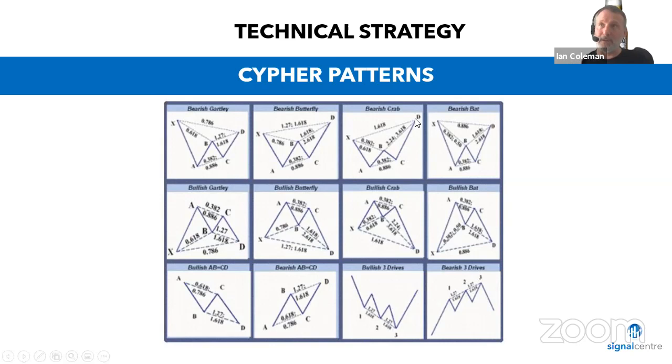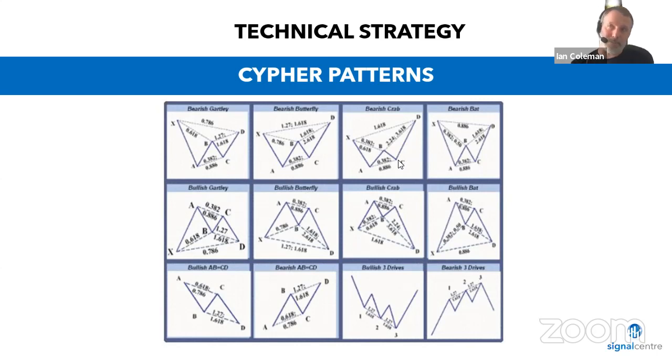So we're looking for a confluence area of the AB leg and the XA leg. I'm not saying ignore leg BC, but as long as it stays above the A, then it's normally deemed to be okay, and it can vary quite dramatically.